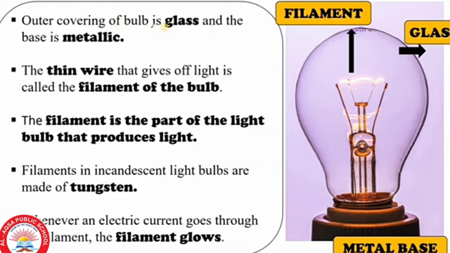The filament is the part of the light bulb that produces light. The filament is made up of the metal tungsten. Whenever an electric current goes through the filament, the filament glows.